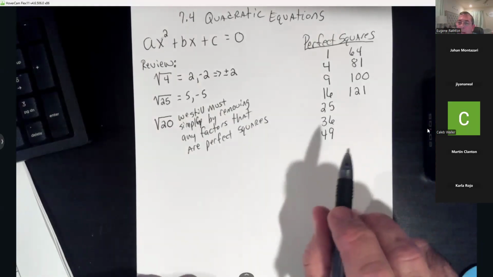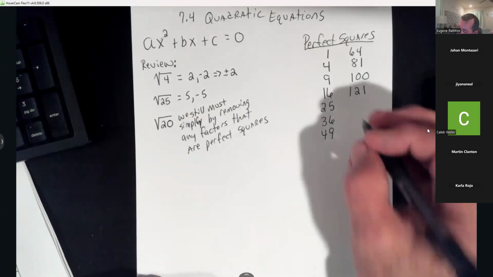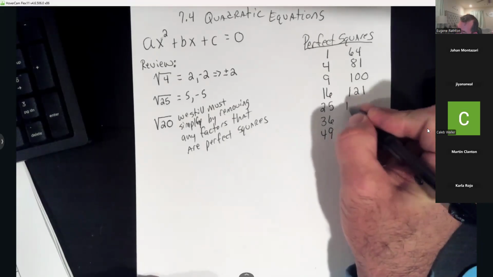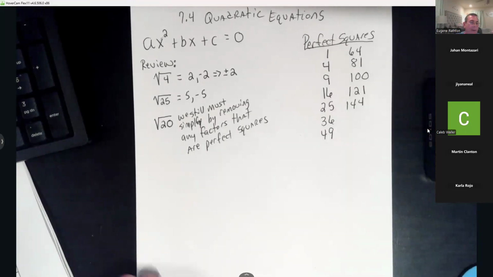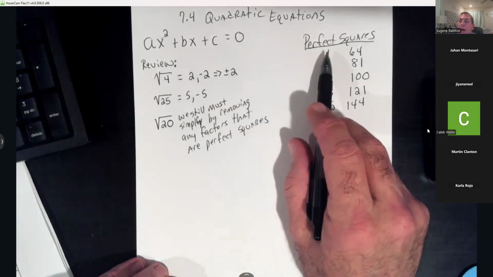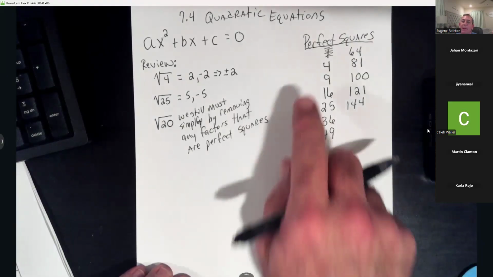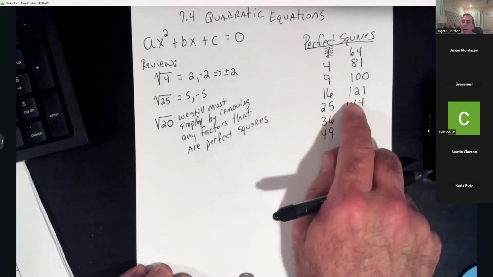Hey y'all, what is 12 times 12? So 144. And that's probably high enough on those. But other than the 1, because y'all, 1 don't really help me on these problems, these are my perfect squares.